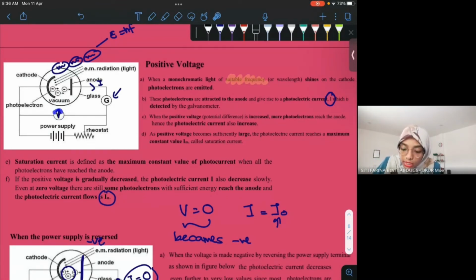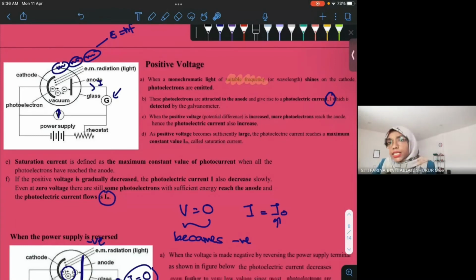So when your potential here increase, it will cause this plate here to become more stronger lah basically. So bila dia lagi kuat, dia boleh attract lebih banyak elektron. When it attract more electron, dia akan allow more current to flow dekat sini. And then your galvanometer akan start to deflect dengan nilai current yang lebih besar.